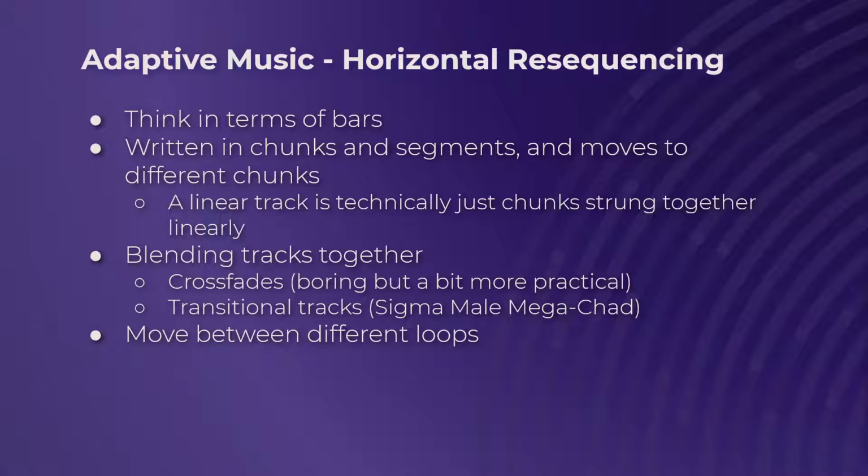So that would be taking a stinger, and then basically sticking it between two loops. So you have one loop playing, something's triggered in the game world. Oh, you're going to this location? Cool. We'll switch tracks basically. So then it'll go from that one loop, it'll end that loop, it'll play the stinger, and then that stinger will ease the transition into the next loop.